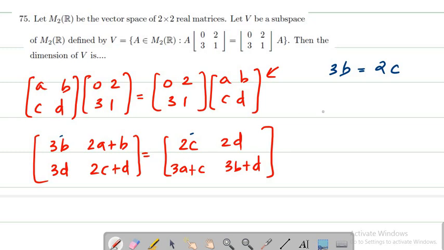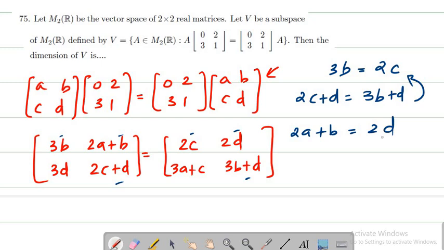Again, if you compare this and this, you get 2c plus d is equal to 3b plus d, which again gives you the same thing, d will get cancelled. And if you compare this and this, you get 2a plus b is 2d, and if you compare this and this, you get again 3a plus c is 3d, right?